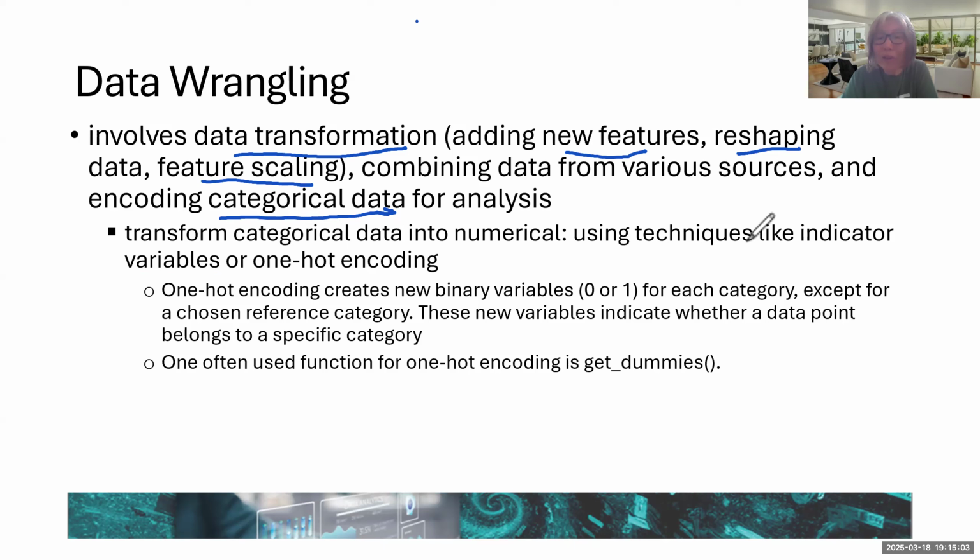We can use techniques like indicator variables or one-hot encoding. So what is one-hot encoding? One-hot encoding creates new binary variables, only 0 or 1 for each category, except for a chosen reference category. This new variable indicates whether a data point belongs to a specific category. We will see that in our example.